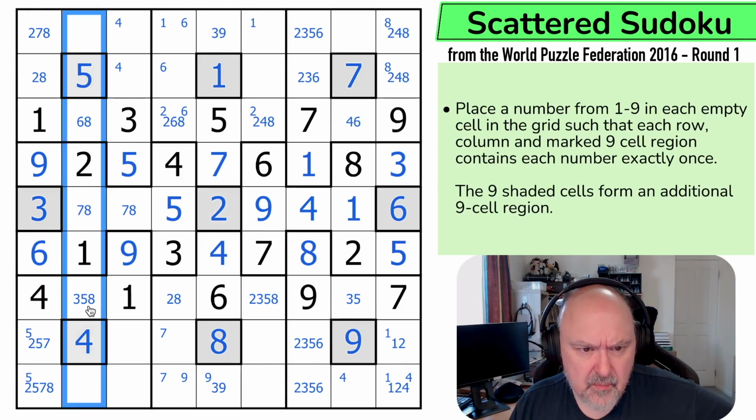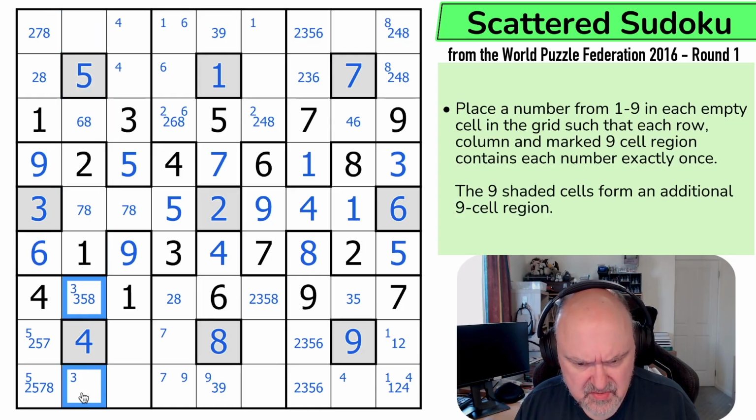Three in this column. It can't be in this region. It can't be in this region. So it's in one of those two cells.